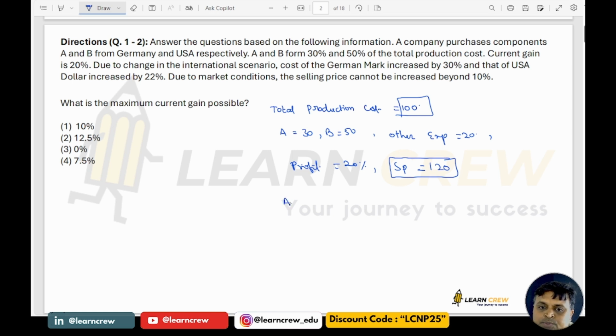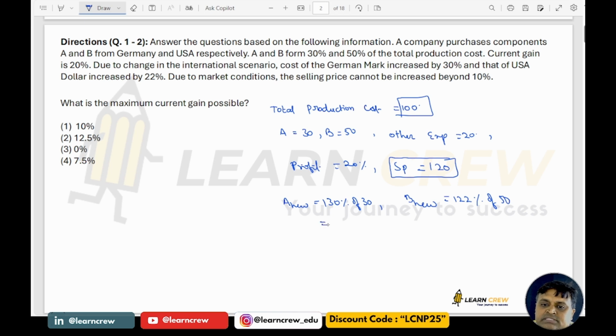So A new is 30 increased by 30%, which is 130% of 30. And USA dollar B increased by 22%, 122% of 50.